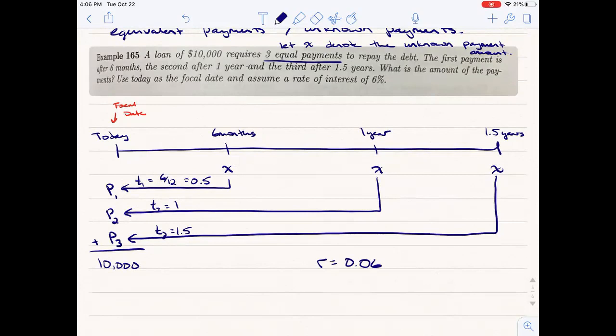Believe it or not, this is all we can have for our timeline. This is everything that we know. So we're going to solve for P1, P2, and P3, just like we would have if we had known the amounts X, and what we'll see is we'll get values in terms of X.